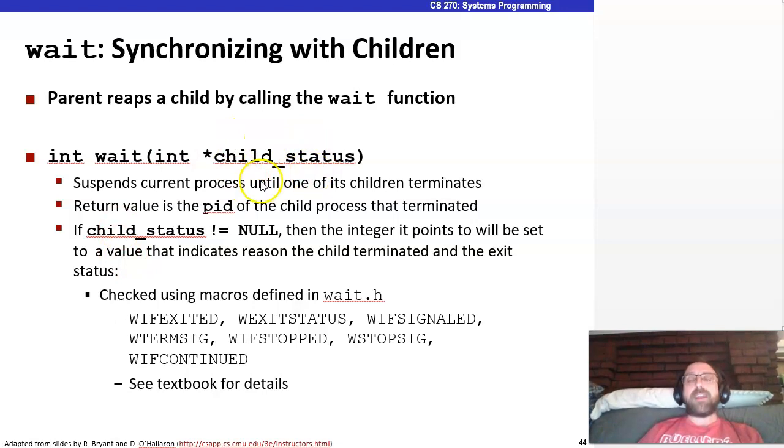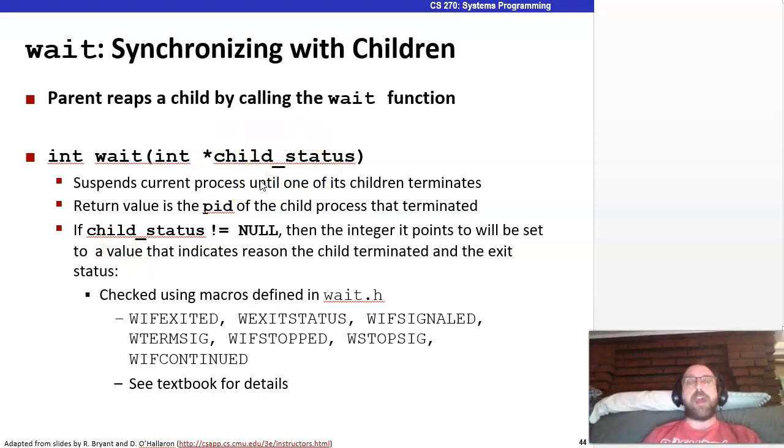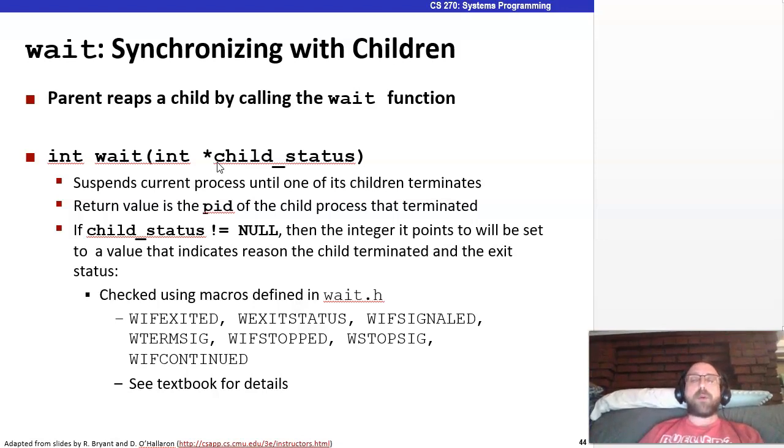So that child status isn't just the exit status of the process, not just the number you pass to exit or the number you return from main. Instead, it is a kind of bit field with a bit indicating whether it was normally terminated or abnormally terminated, and then the rest of the integer is used to store the precise exit status or the precise reason that it abnormally terminated.